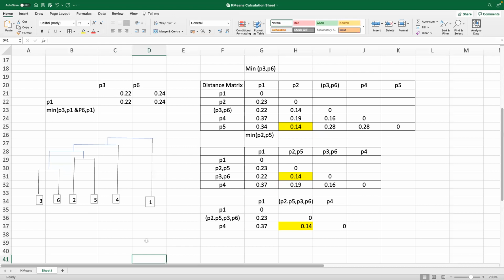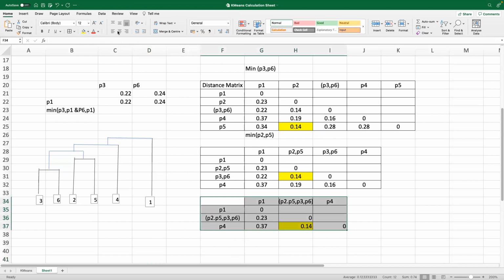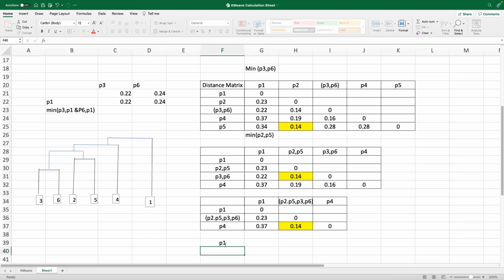The last distance matrix would be P1 and P2, P5, P3, P6. We'll add P4 to this.